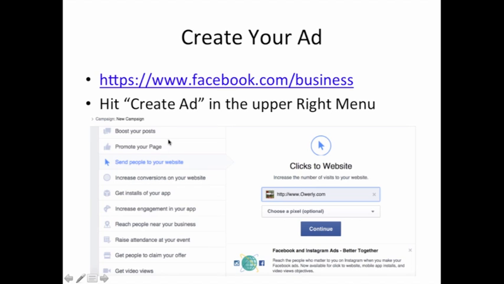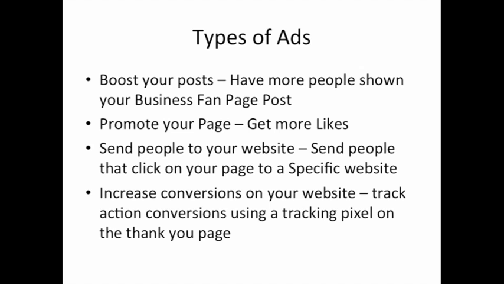So let's talk about the different options you have over here about what type of ads you can pick from on Facebook. There are boost your posts, which means you have a post on your Facebook fan page and it'll show it to more people, whether connected to you or just a general audience that you specify. You can promote your Facebook fan page by getting more likes. You can send people to your website, which we just discussed.